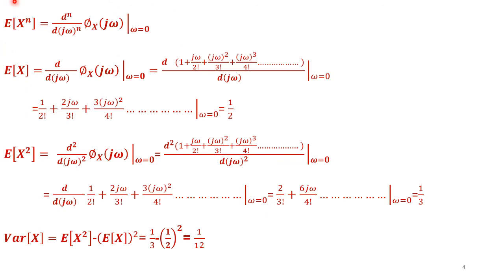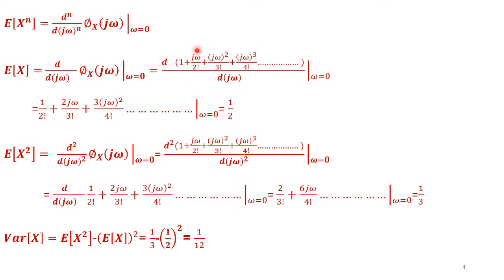We make use of this equation to find the expectations E of x and E of x squared. For E of x, the value of n is 1. So I need to differentiate this characteristic function only once and then substitute omega equal to 0.